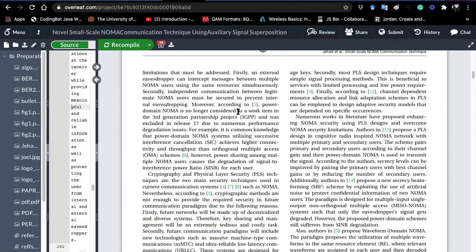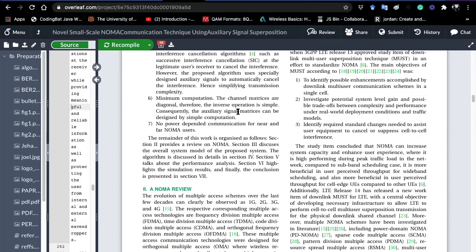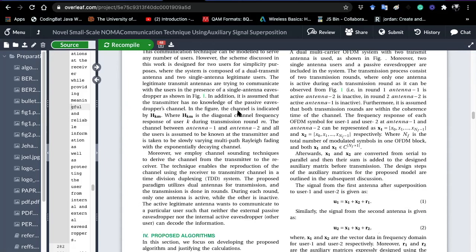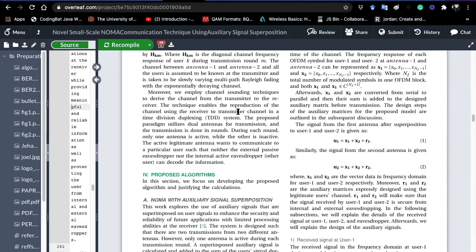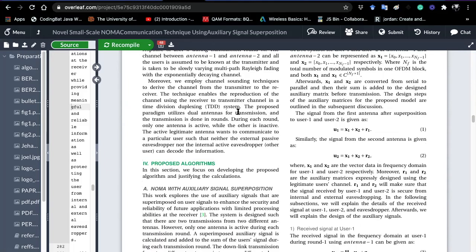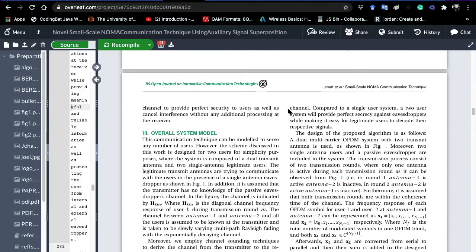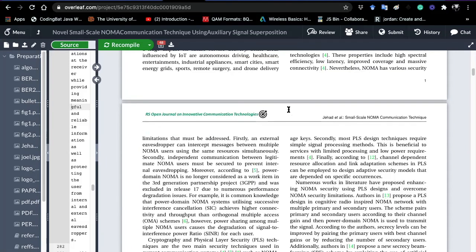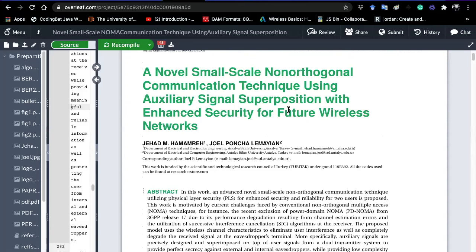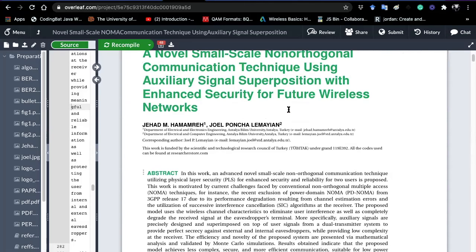After you explain your system model, you have a results section, and then finally your conclusion. Those are just the main parts of a normal journal paper.